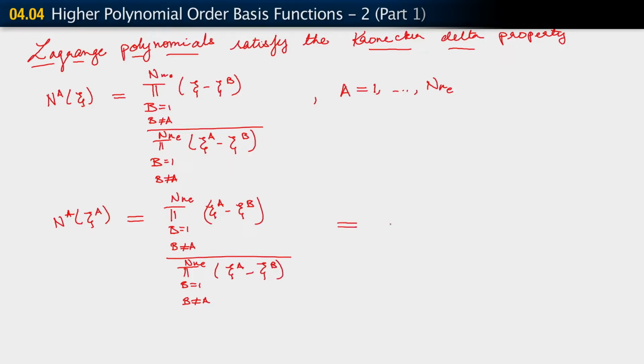So therefore this is indeed 1, which is what one would expect from the Kronecker delta property. N_A of xi_A should be equal to 1.